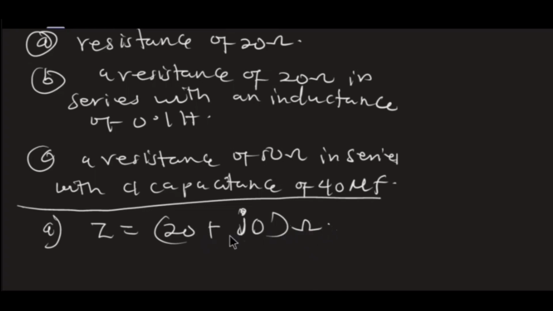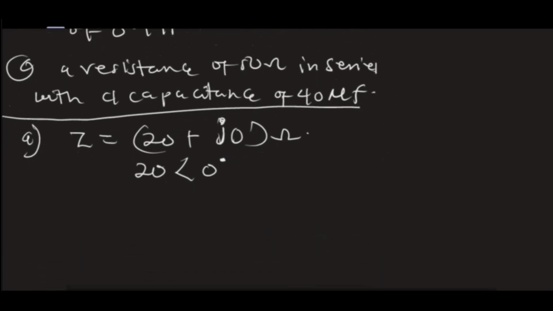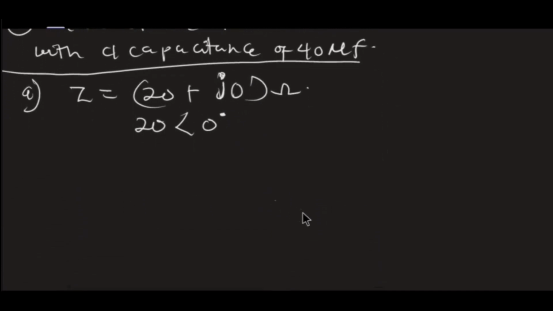And this is how we represent it in the rectangular mode. In the polar mode, we are simply going to have 20 angle 0 degrees, right? So this is a simple notation for the pure resistor, or when resistors are only acting.